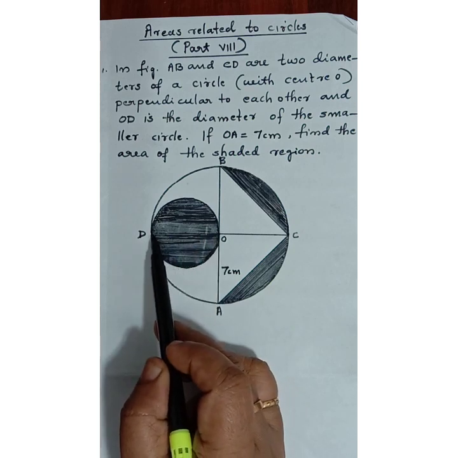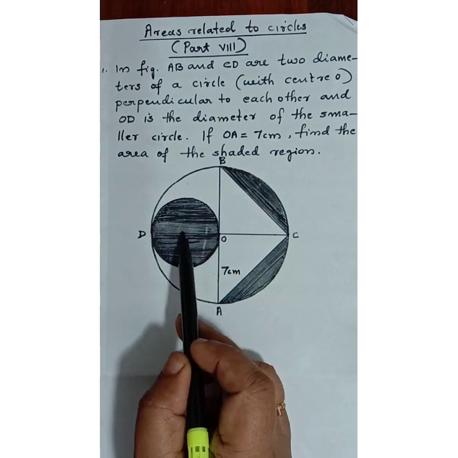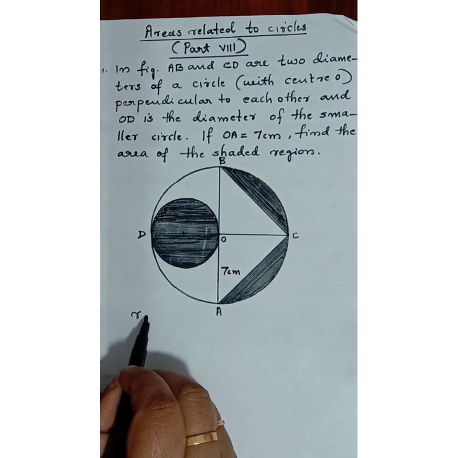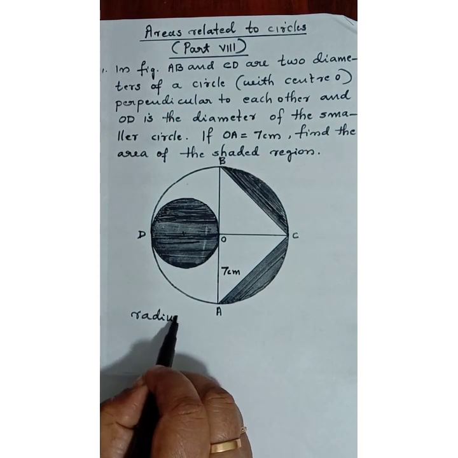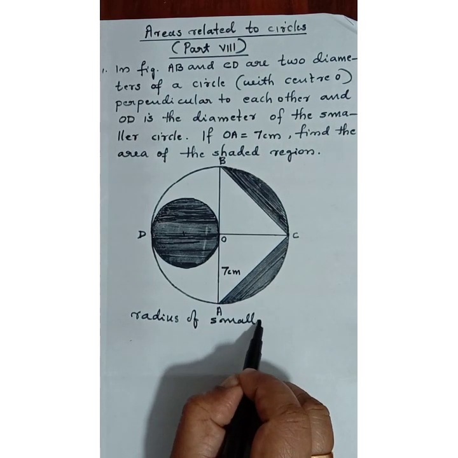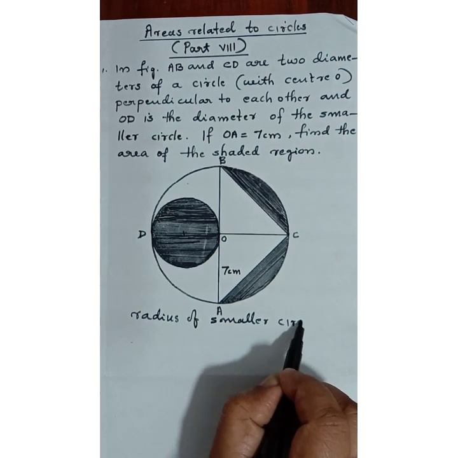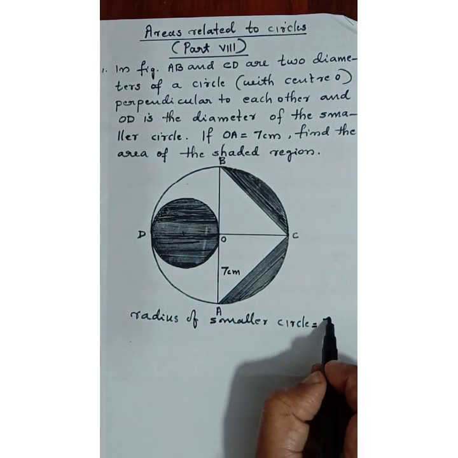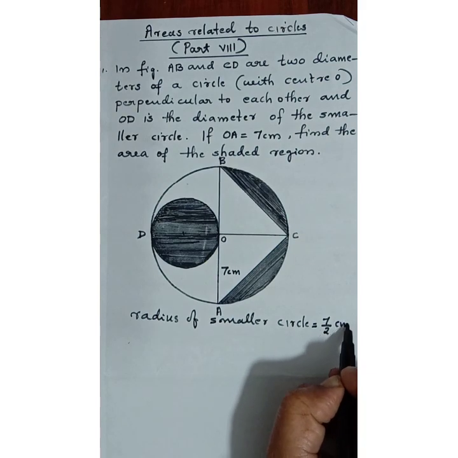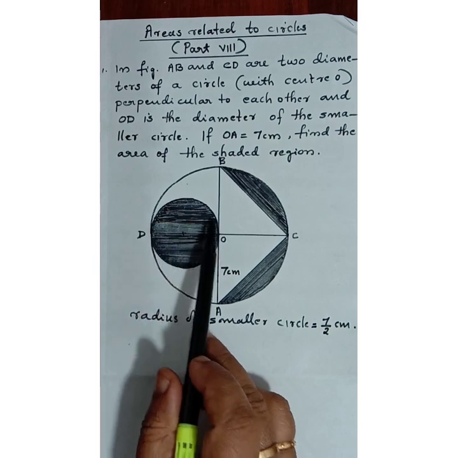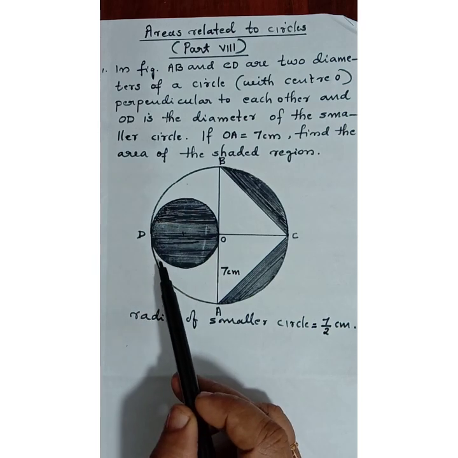If OD is the diameter of the smaller circle, the radius of the smaller circle is 7 by 2 centimeter. So we will be able to find out the area of the smaller circle.